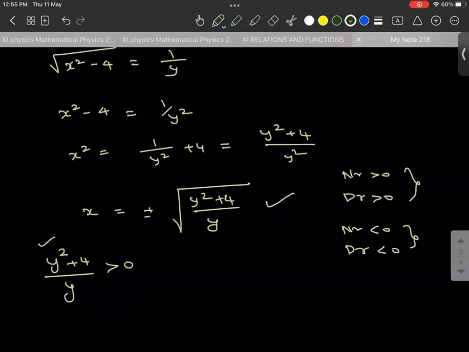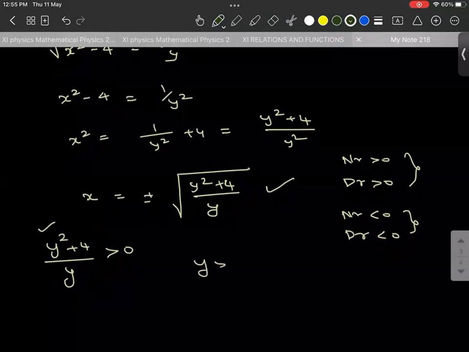Why? Because y square is a positive number, 4 is a positive number, and the sum of two positive numbers is always positive. So what is the other condition that should get satisfied? The denominator should be positive. That's it.